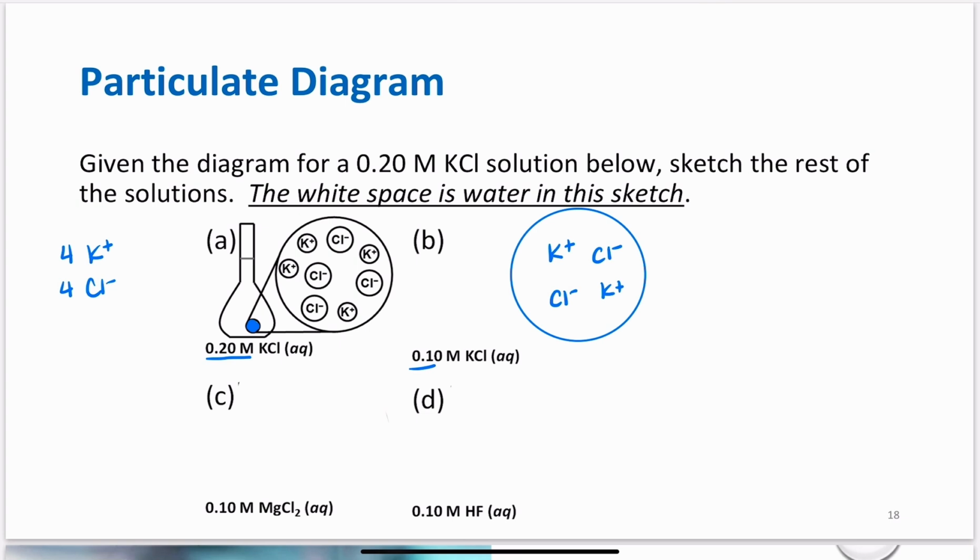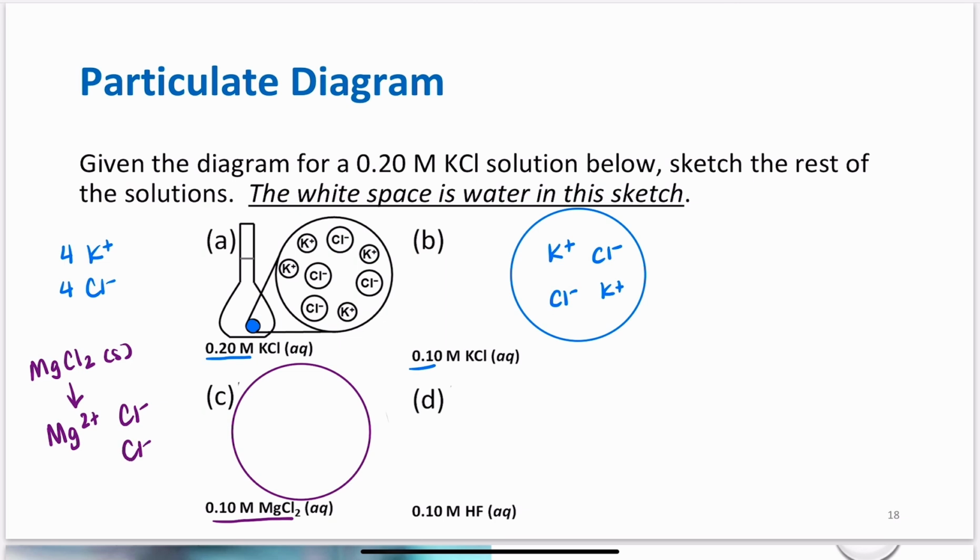What about a 0.1 molar magnesium chloride solution? Well, I know that my 0.1 molar solution had 2 particles of potassium and 2 particles of chloride. But notice that this is 0.1 molar magnesium chloride. And we talked about magnesium chloride a little bit ago. When magnesium chloride splits up into solution, it splits up into 1 magnesium ion and 2 chloride ions.